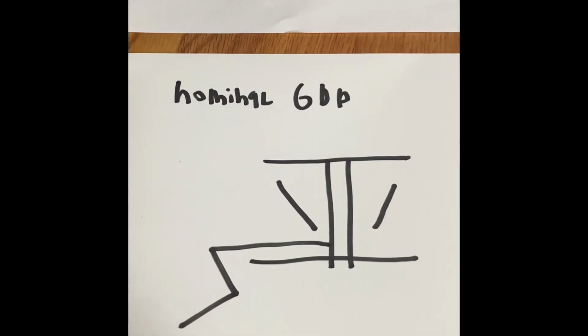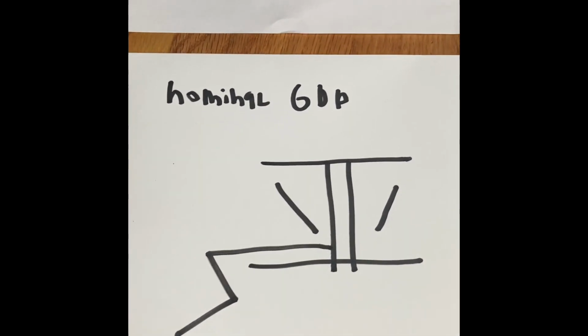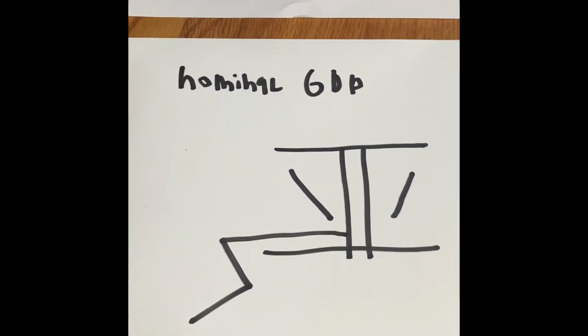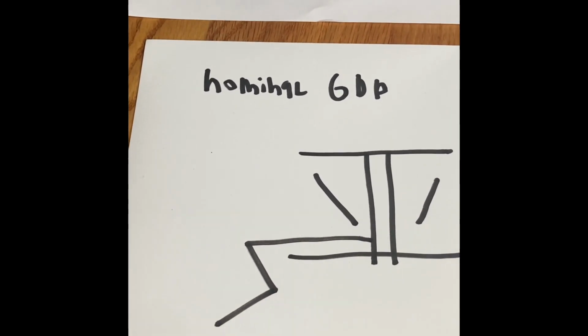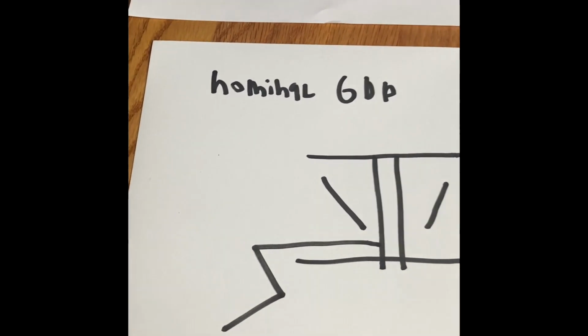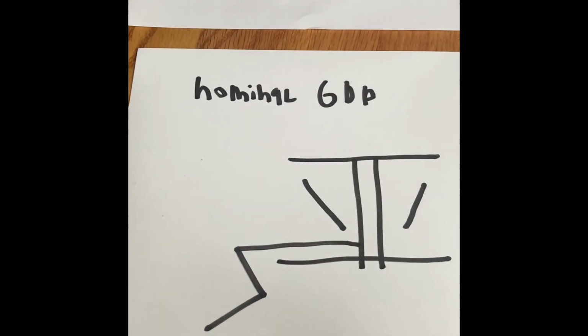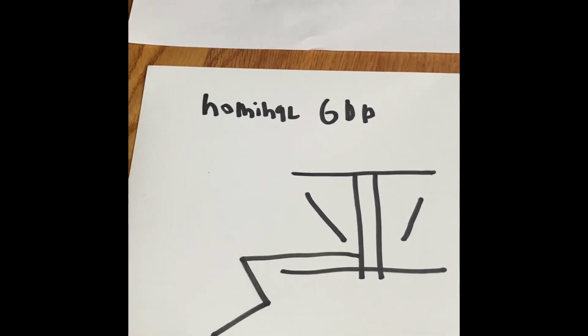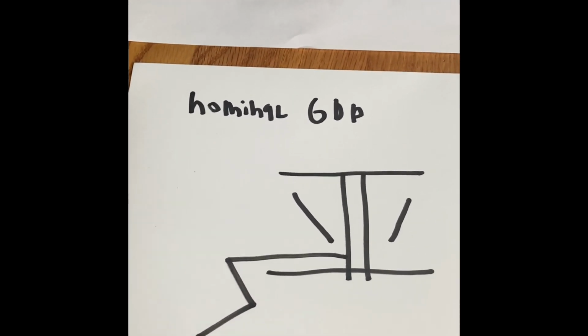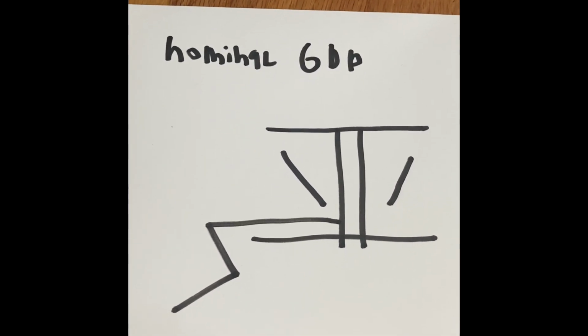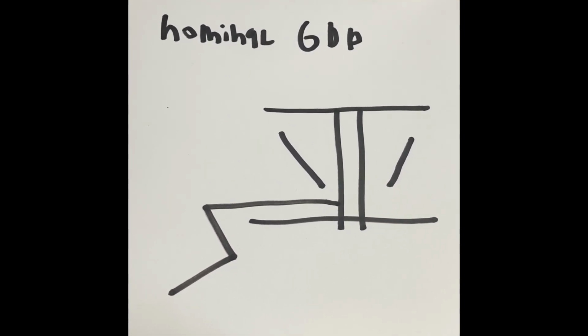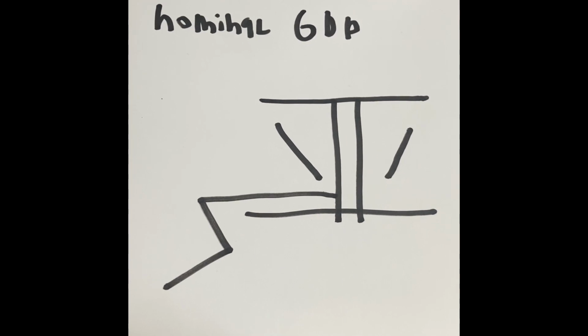GDP is calculated on the things that are produced within the nation, not outside the nation. Like, if I calculate the GDP for America, we would only count the stuff that's produced or made in America. But nominal GDP is going to be a little bit more accurate.